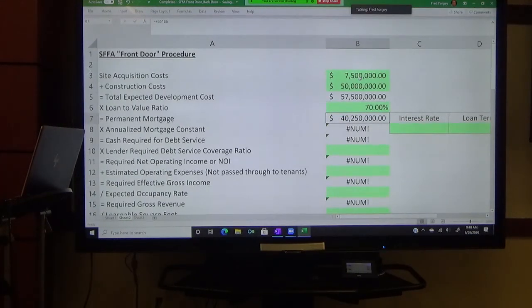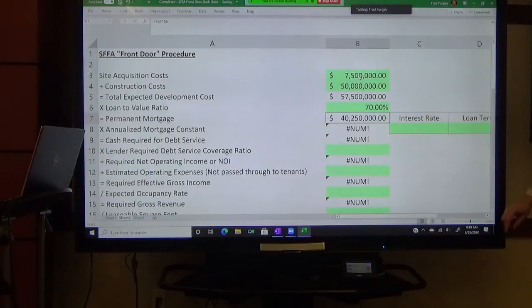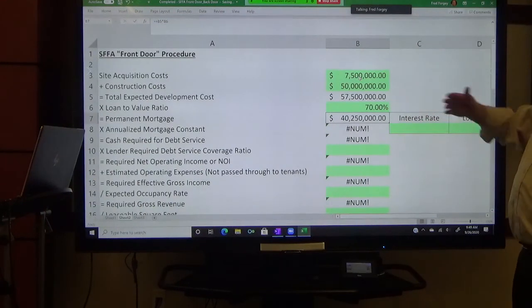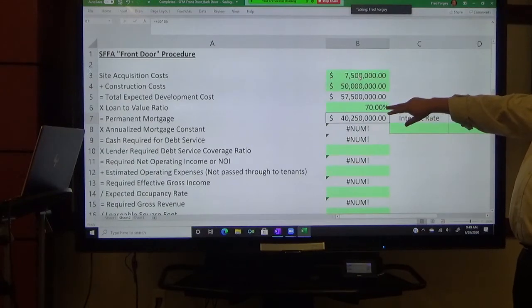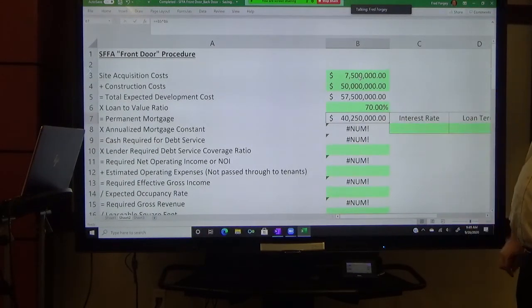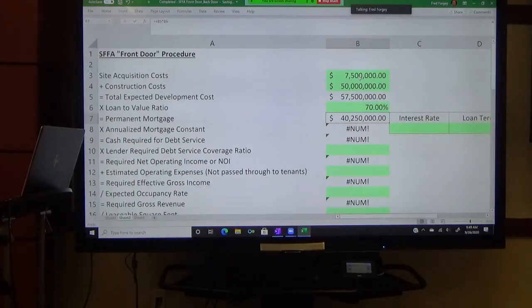By popping that in, the calculation would simply be taking the 57.5 million times 70% to get a loan amount, or permanent mortgage, of $40,250,000. Everybody see that?